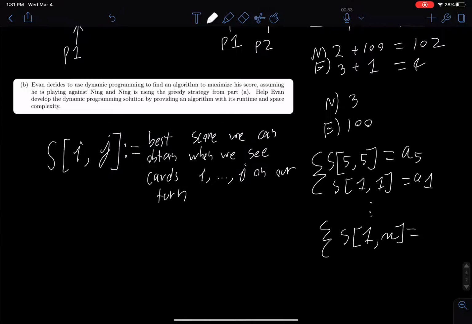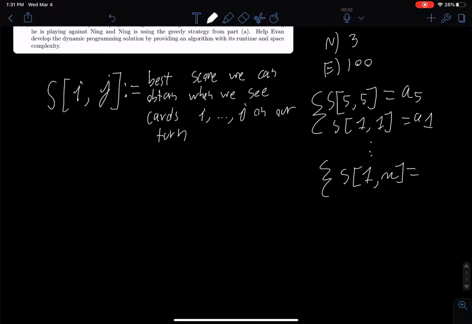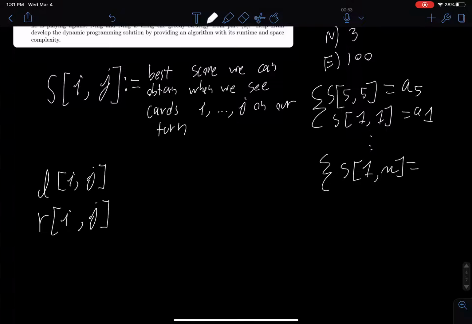Here, the decision is going to be whether or not we pick the left card or the right card. For ease of notation, we're actually going to further decompose our subproblems a little bit into 2 more, L sub ij and R sub ij. Maybe you can guess that the L and the R stand for left and right.